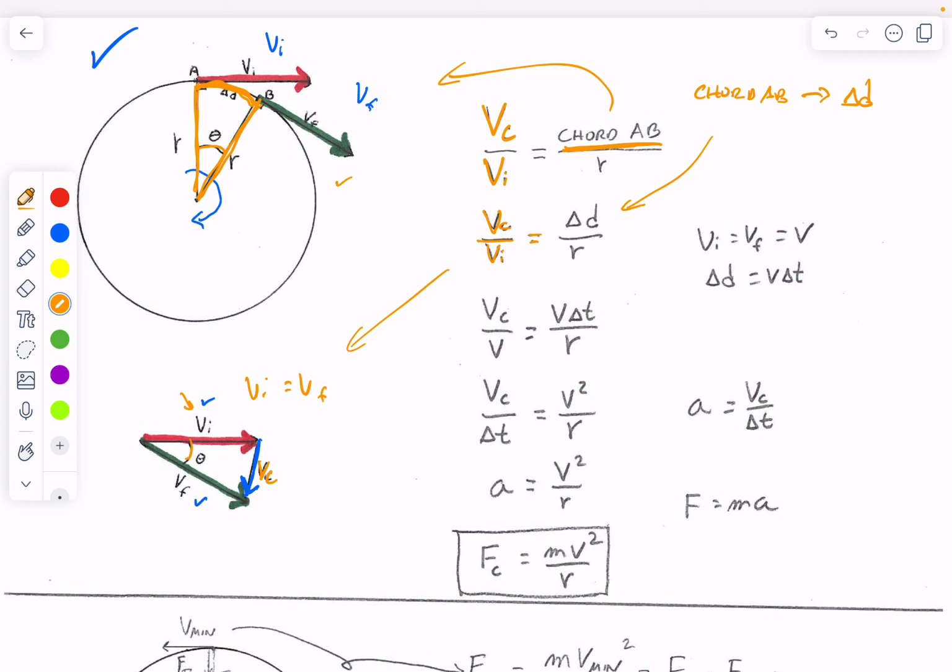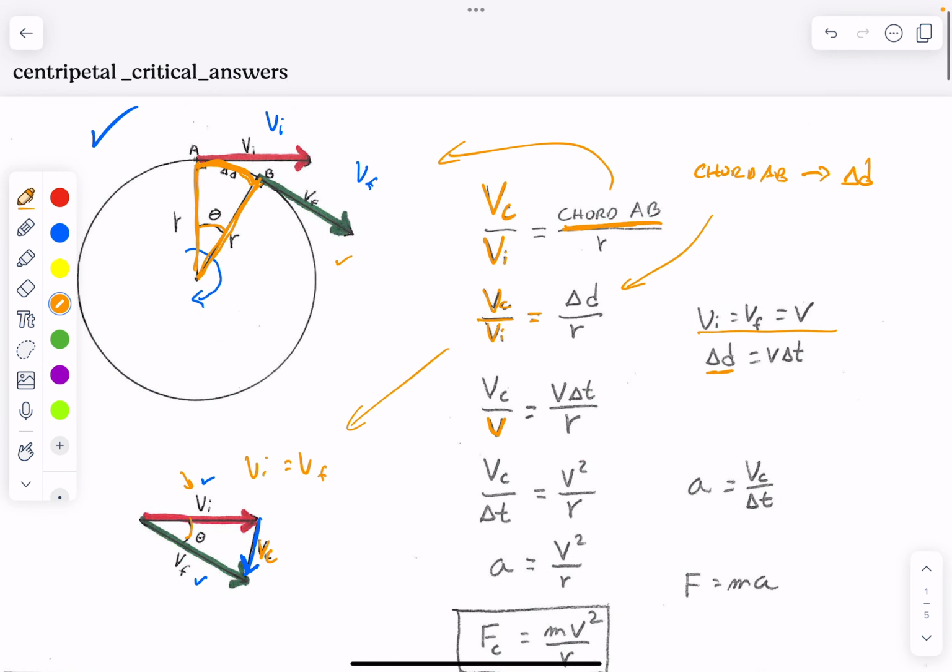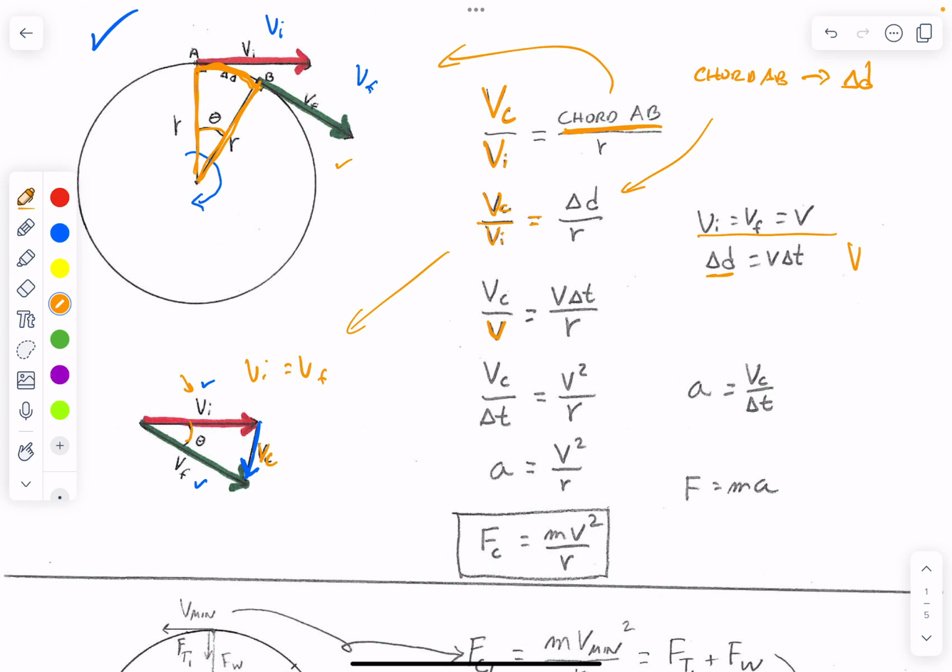Now, the next thing we recognize is that initial velocity equals final velocity, so let's just use the letter V. And we also know that change in distance equals velocity times the change in time, because we know that velocity equals the change in distance divided by the change in time. And so we're going to substitute that in for delta D.